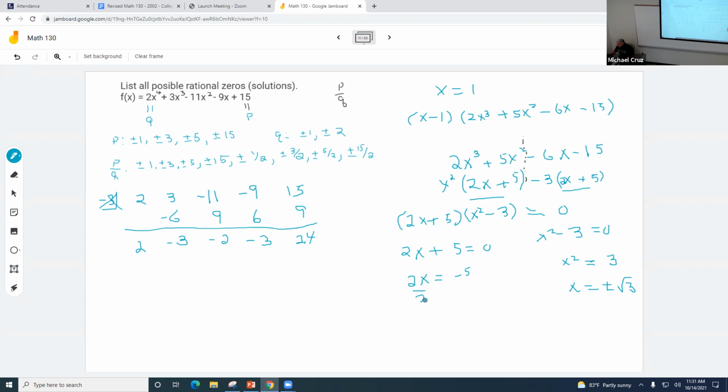And divide by 7.2. So then here's our other rational solution. Now you can see that would have been one of them, right? Look how long it would have taken though to get it.